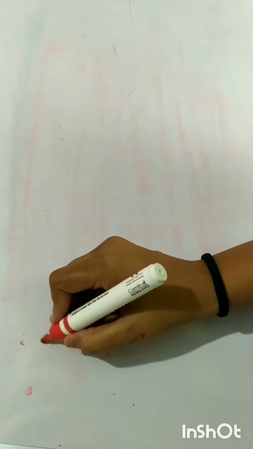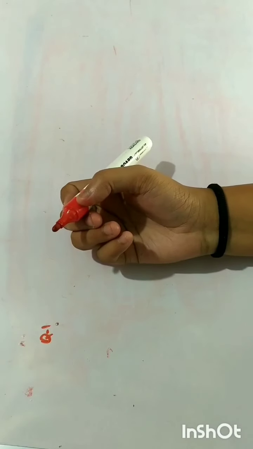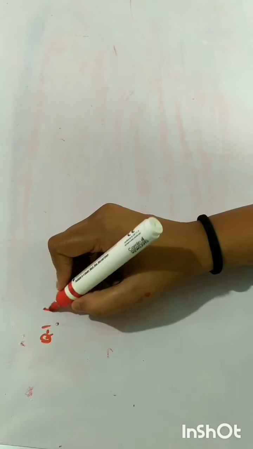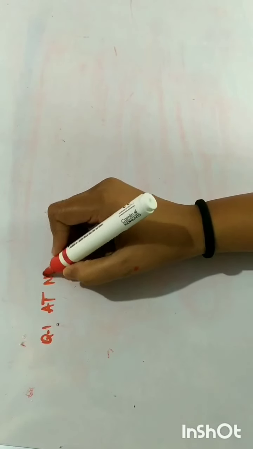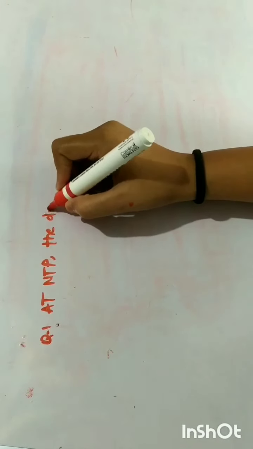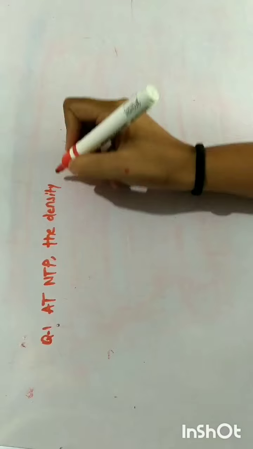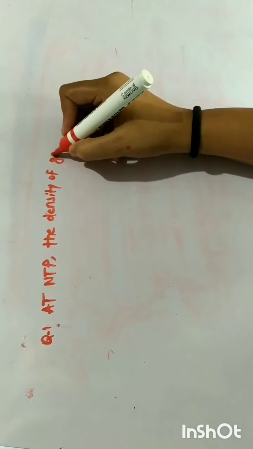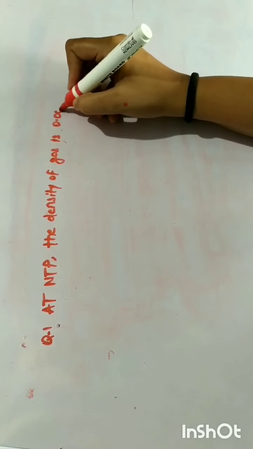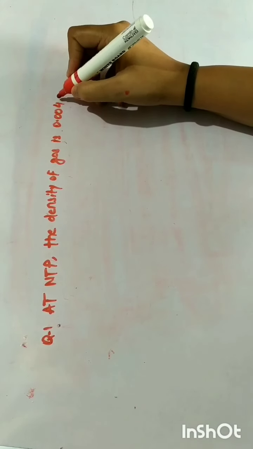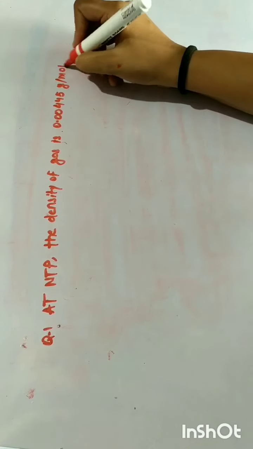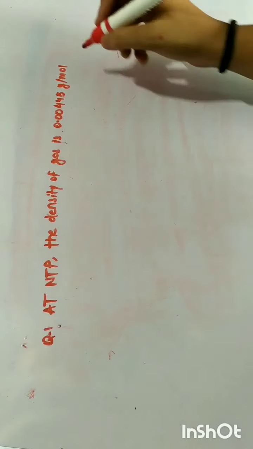Question number 1. At NTP, the density of a gas is 0.00445 gram per mole.